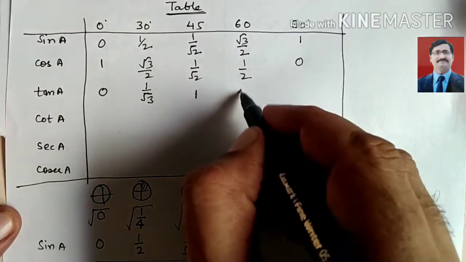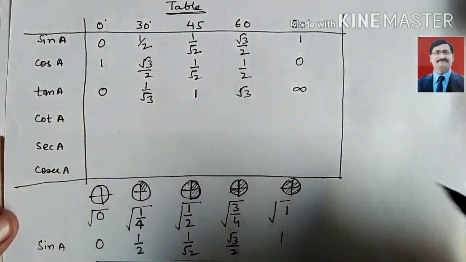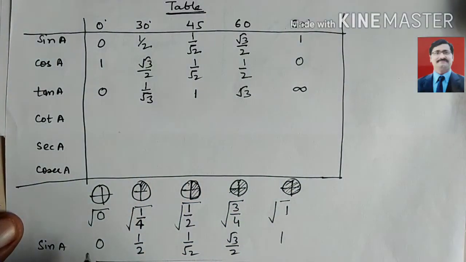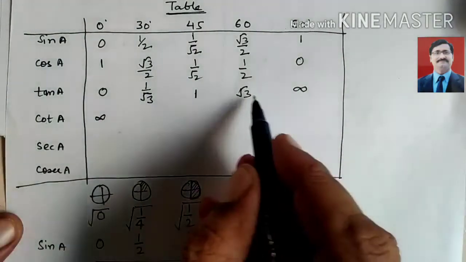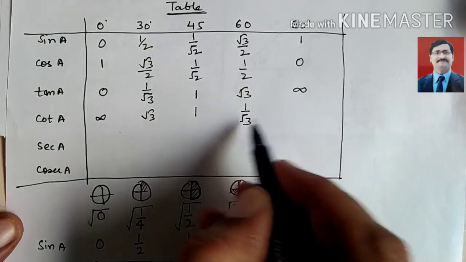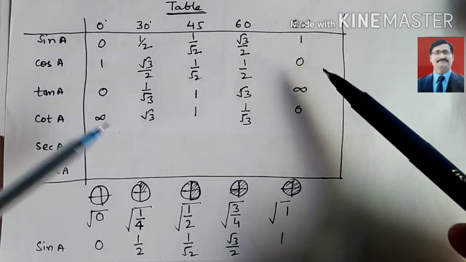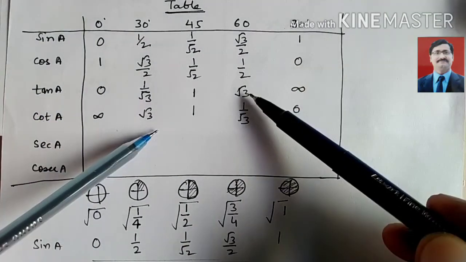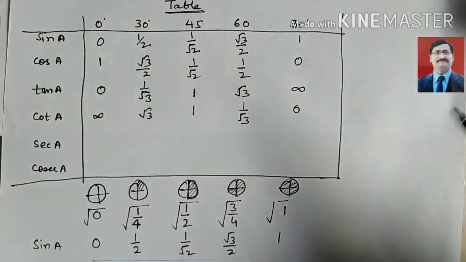These you divide, the 2 cancels, you get root 3. 1 divided by 0 gives infinity, which means not a defined value. Then you write infinity first, then root 3, then 1, then 1 upon root 3, then 0. This way you can interchange. Does everyone understand this?